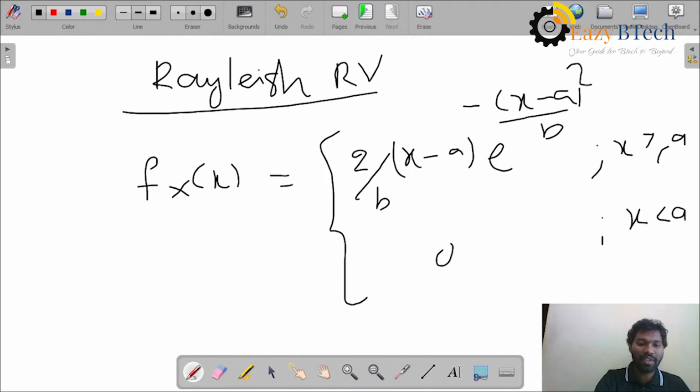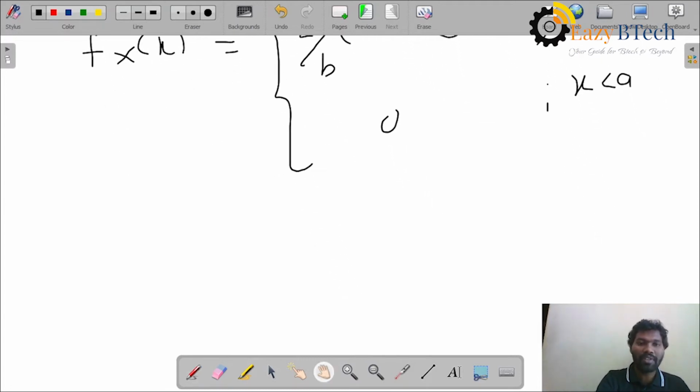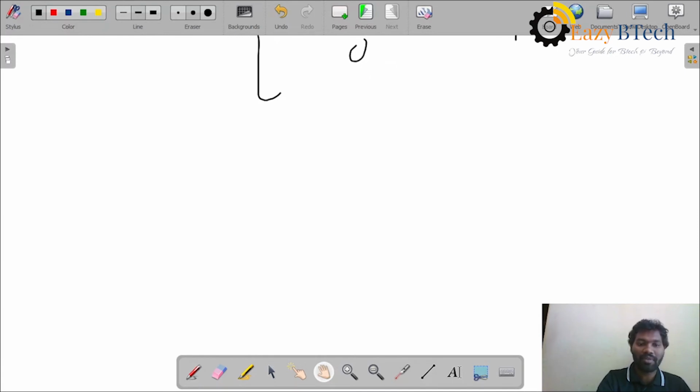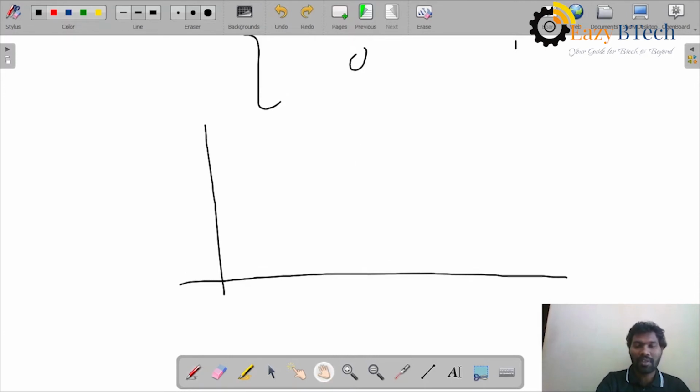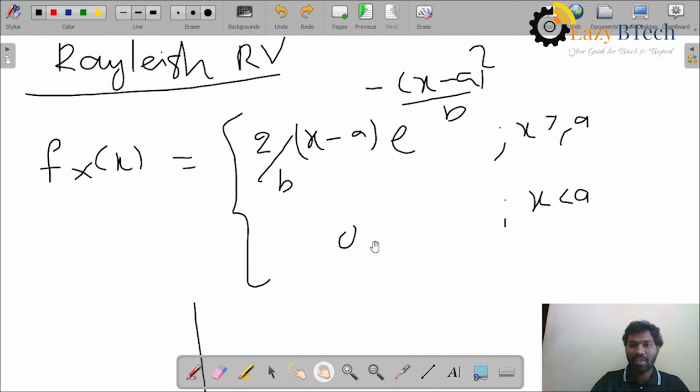If you plot the probability density function of the Rayleigh random variable, it looks like this. As you see here in the density function, in the exponential you have x minus a whole square by b.